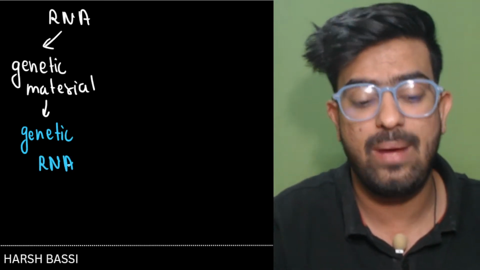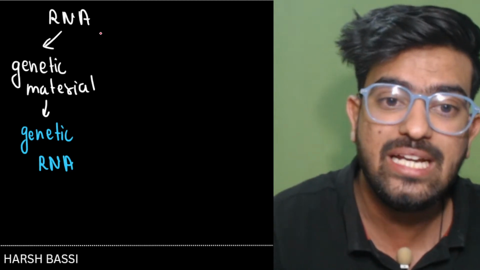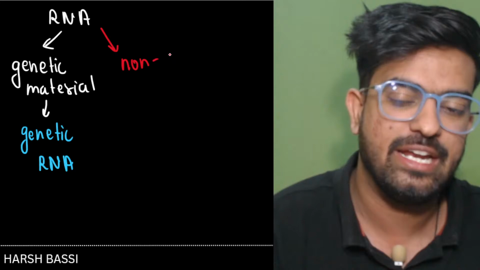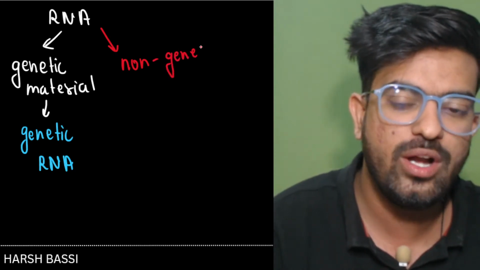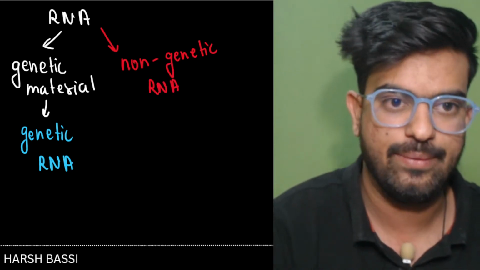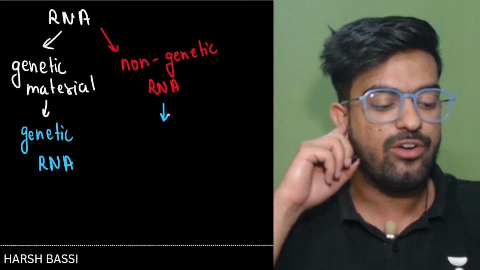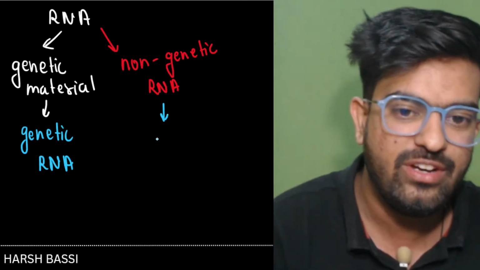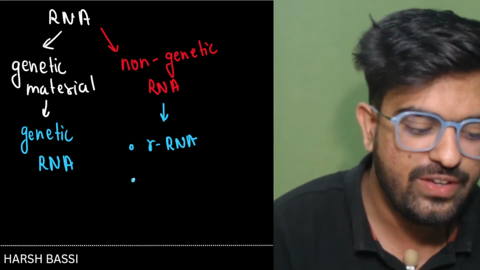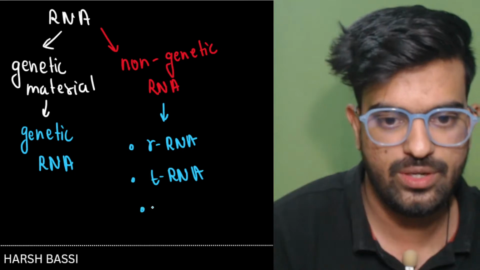And there are some major RNA which are not acting like a genetic material. So we call them non-genetic RNA. Now, if I call this non-genetic RNA, guys, these are again of three types: rRNA, okay? And after this we have tRNA, and then we have mRNA, right?